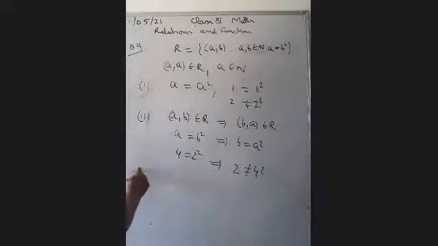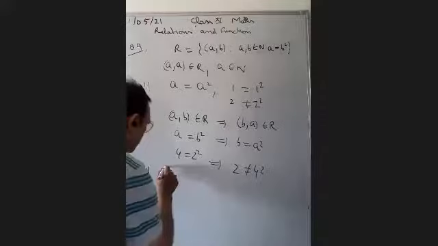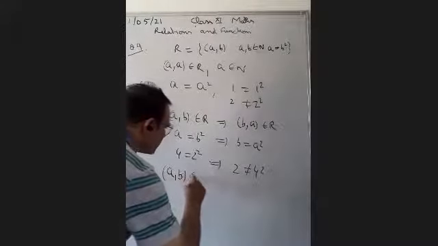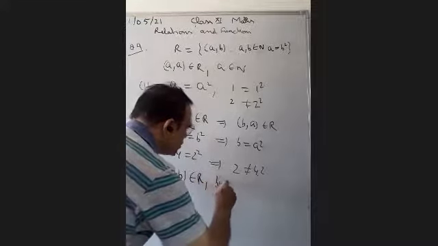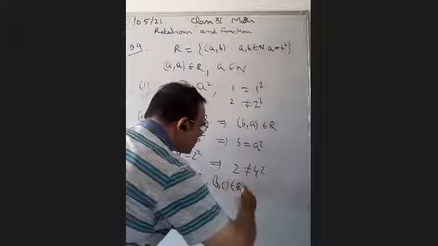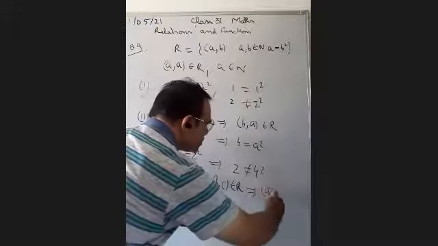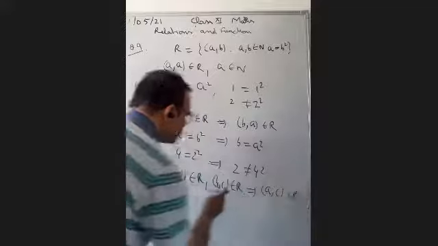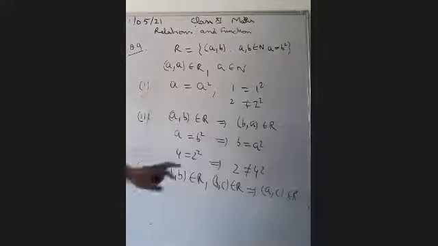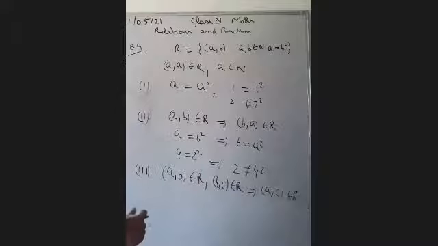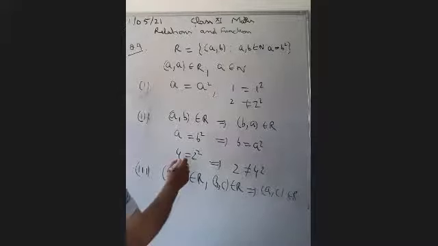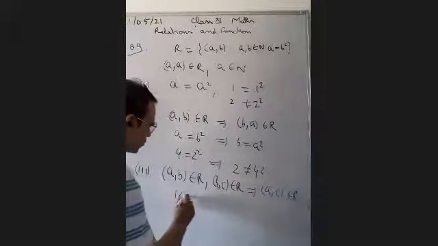And similarly, the third part is if we take AB belongs to R, BC belongs to R, implies that AC belongs to R. Will this be true? It means if these two conditions are fulfilled, will the third condition also be fulfilled? For example, suppose we take 16 is equal to 4 square.